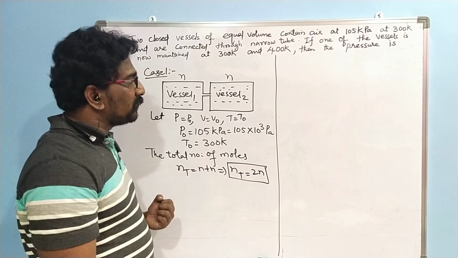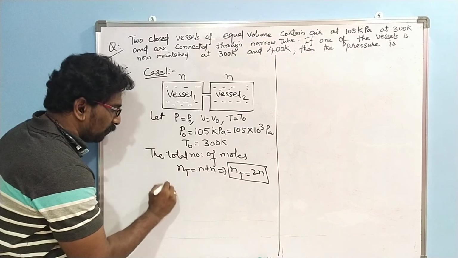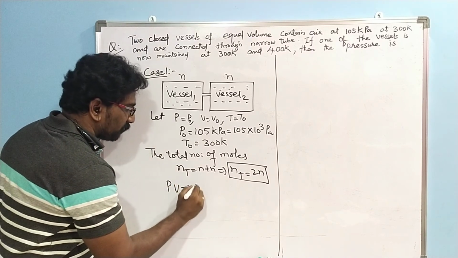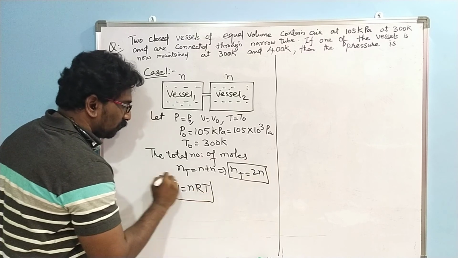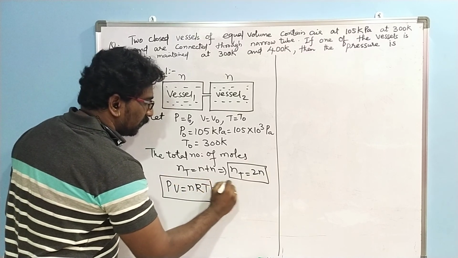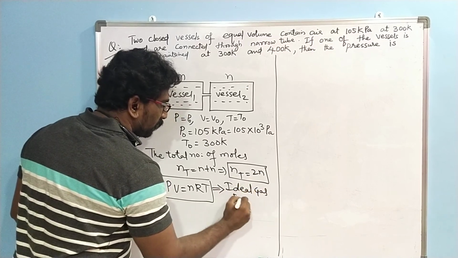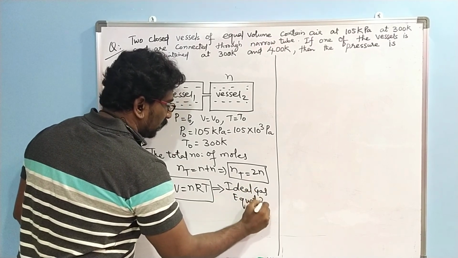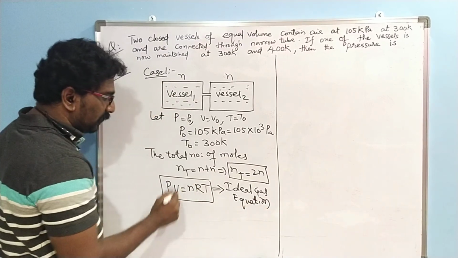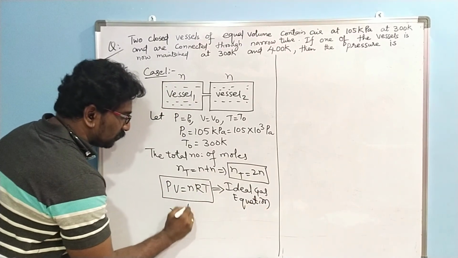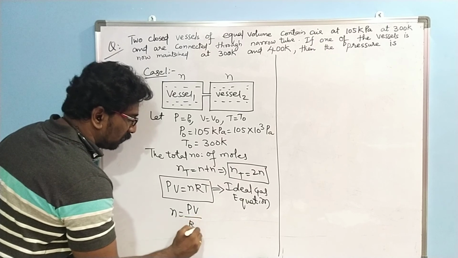Now we know that as per the ideal gas equation, PV is equal to nRT. This is nothing else but the ideal gas equation. From this we can find out the value of n: n is equal to PV over RT.